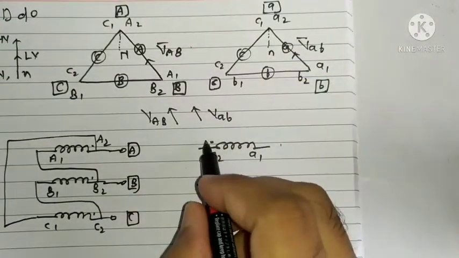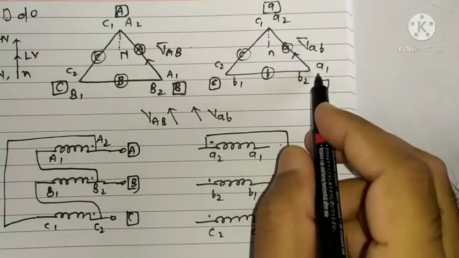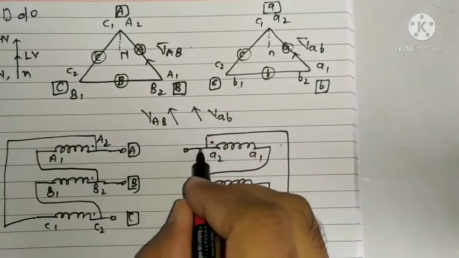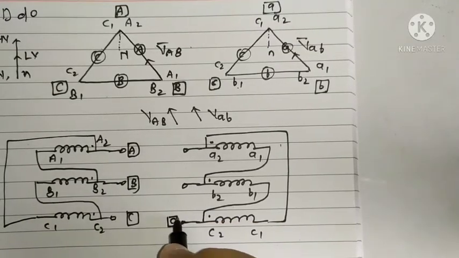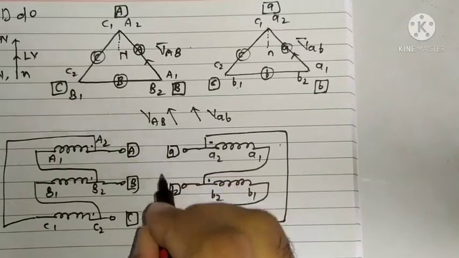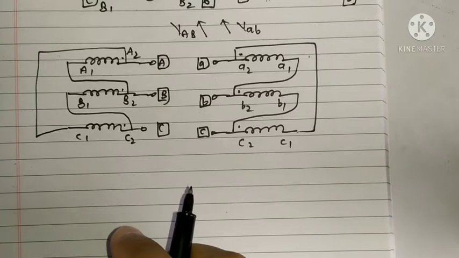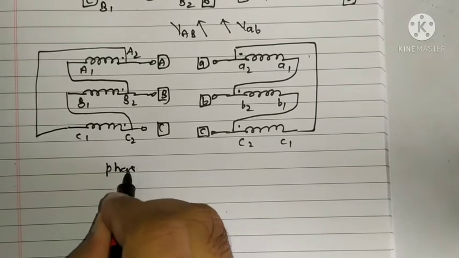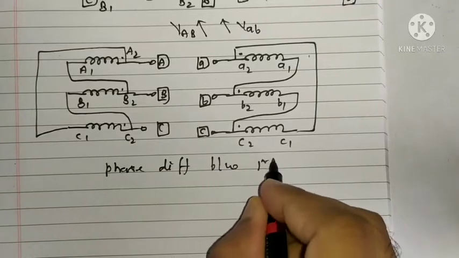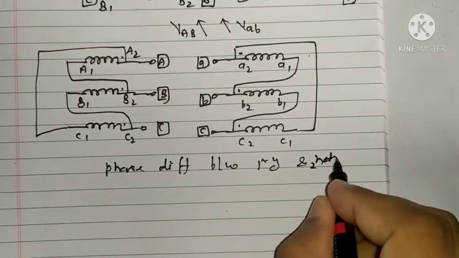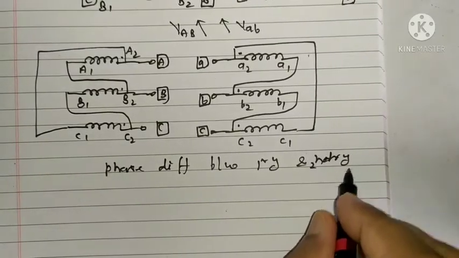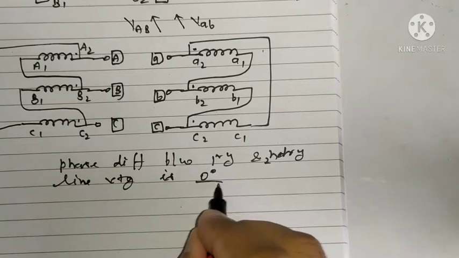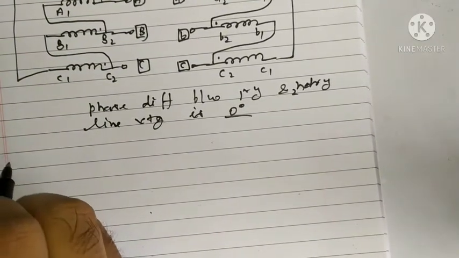And here A2 is connected to C1, A1 is connected to B2, B1 is connected to C2, and these are the terminals of secondary side, C, B, and A. So in YY0 and DD0, what we have seen is that the phase difference between primary and secondary line voltage is 0 degree, right? Let us go for second group, that is YY6.